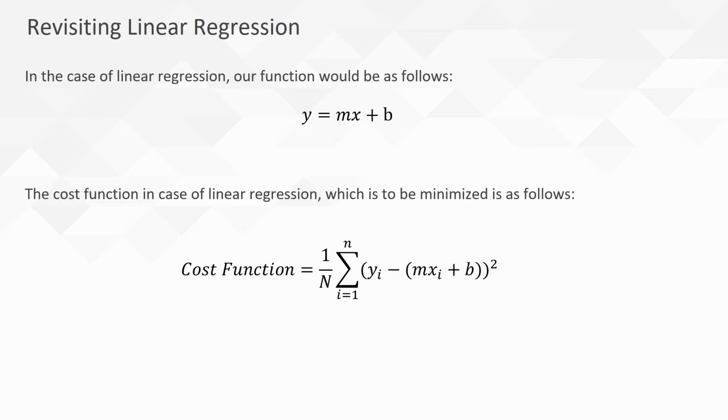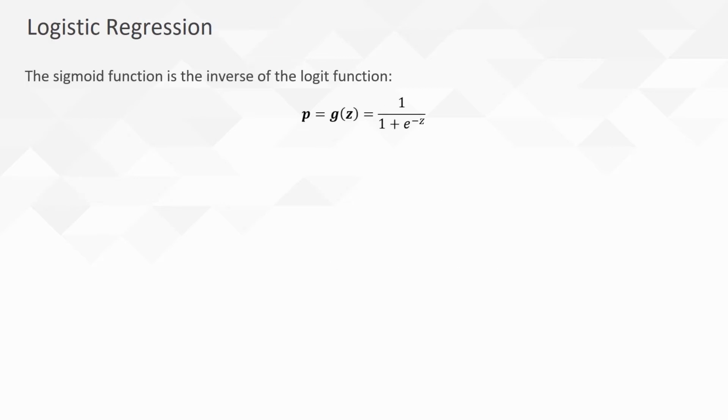When we try to use linear regression to predict the target variable, we can get a value anywhere between minus infinity to plus infinity, which is not what we need. With logistic regression, we still use the linear regression formula. However, we will be squashing the output of the linear function to a range of 0 and 1 using a sigmoid function.